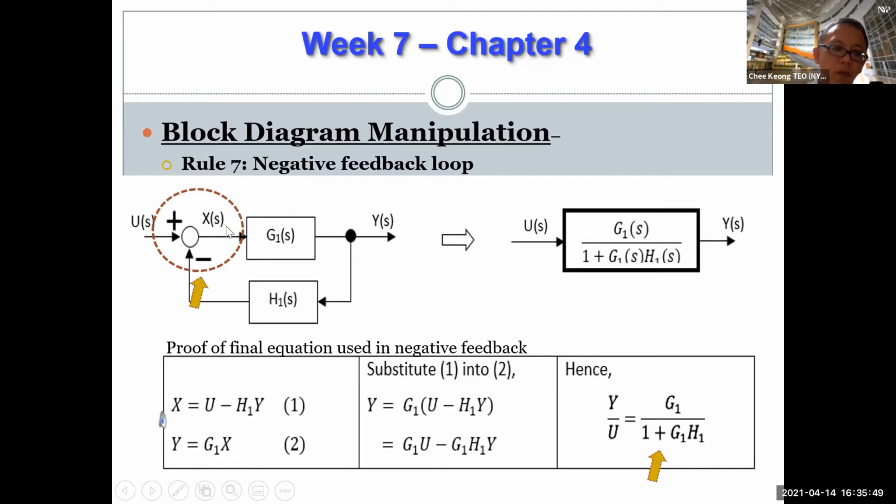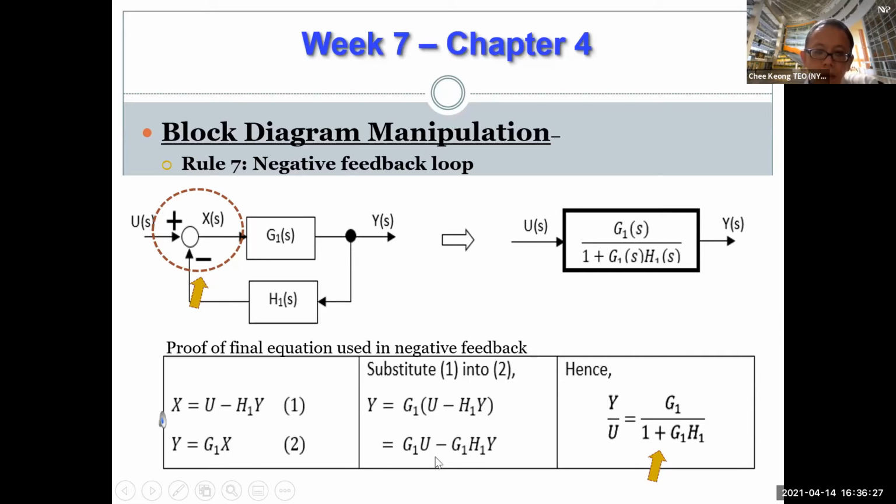If the error goes inside the gain function, you will get Y. Now, if you substitute equation 2 into equation 1, you eliminate X. If X is Y over G1, you just put Y over G1 and bring your G1 over. So now you have Y and G1. This is after substituting.